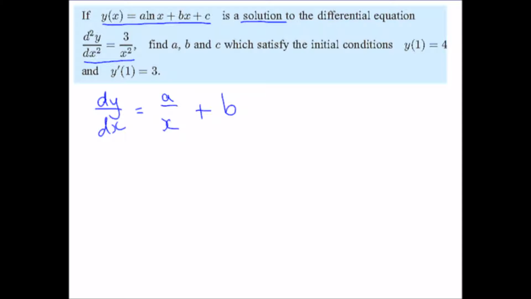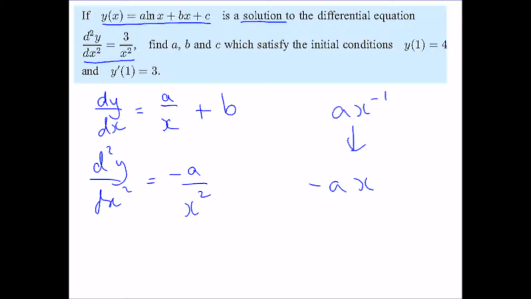So we can differentiate that again to get the second derivative. So d2y by dx squared will become minus a on x squared. So what we did there was ax to the minus 1, that becomes minus ax to the minus 2 when we differentiate, which gives us our expression over here.